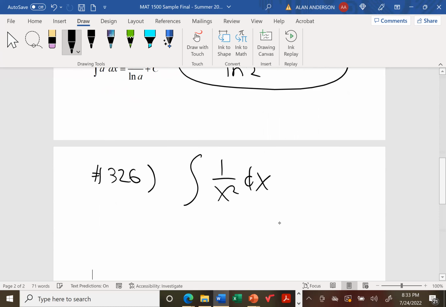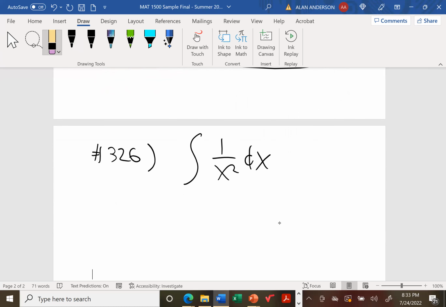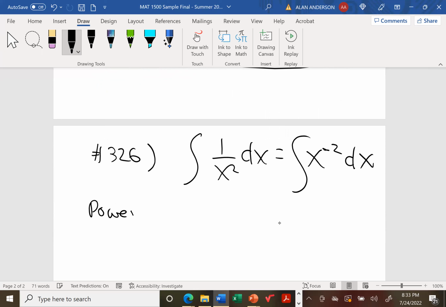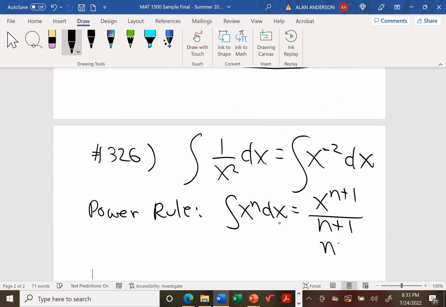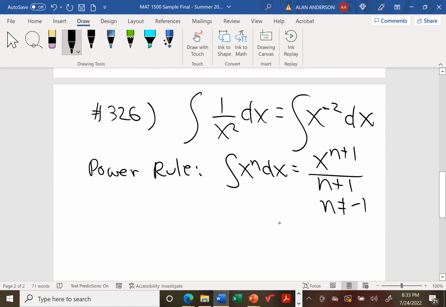Okay, so just remember that this is the power rule, because this is the same thing as x to the minus 2 dx. So don't forget our old friend, the power rule. Because n is not equal to negative 1, that means we can use it here.